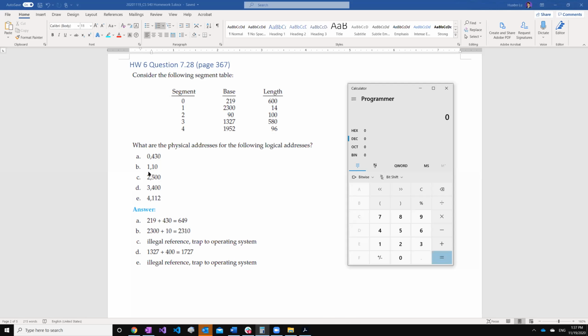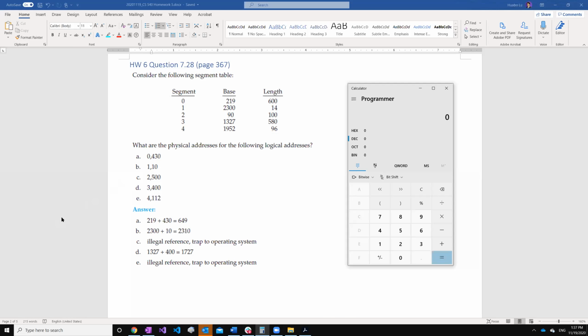It's not like a 110, okay, and you don't put a comma for the 100 position. You put it for the 1000. But yeah, you need to know this is the segment number, and this will be the offset, and how you add the offset to the base, and make sure the offset is not exceeding the length, which will be the key point to get this question done.